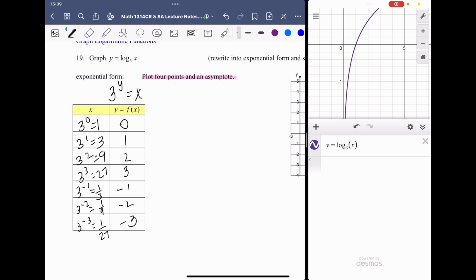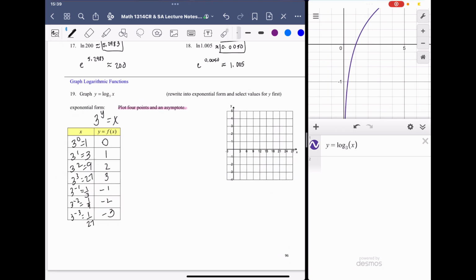So then we plot our points. Remember, this is just a sketch. It's a rough draft.